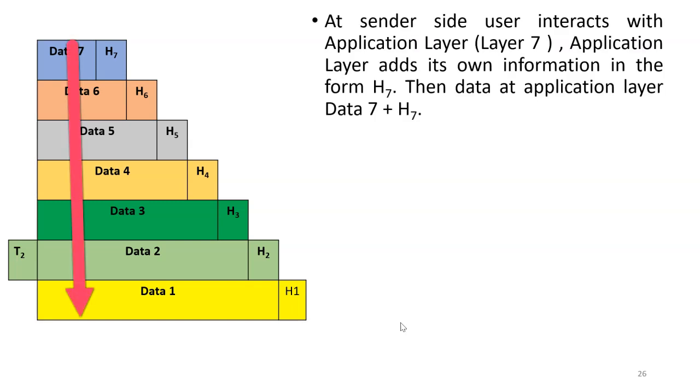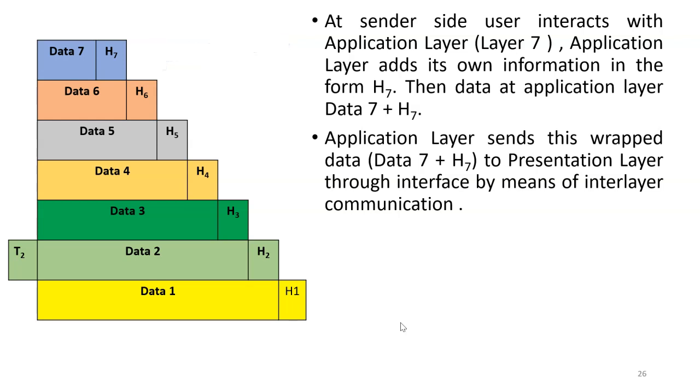You can say at the sender side the user interacts with the application layer, that is layer 7. This application layer adds its own information in the form of header 7, that is H7, and data at the application layer becomes data 7 and H7, the header associated with the application layer.